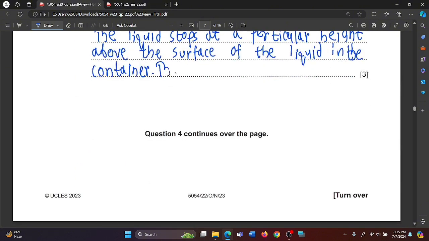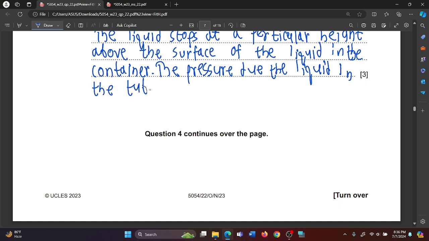The pressure due to the liquid in the tube equals the atmospheric pressure.